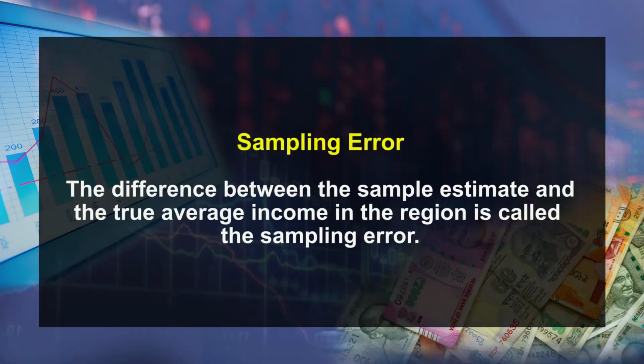For example, the estimate of the average income of people in a certain region obtained on the basis of incomes of a smaller set of individuals included in the representative sample will not be equal to the true average income of people in the region. The difference between the sample estimate and the true average income in the region is called the sampling error.